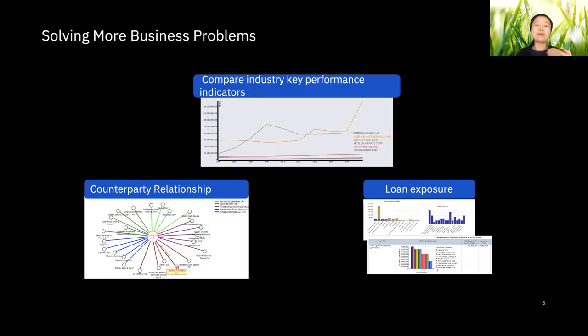Think about, for example, within our industry, how do I compare performance across the industry for all the competitors? Once we build this knowledge base, we can compare the key performance indicators across the industry. That is very meaningful for them, right?